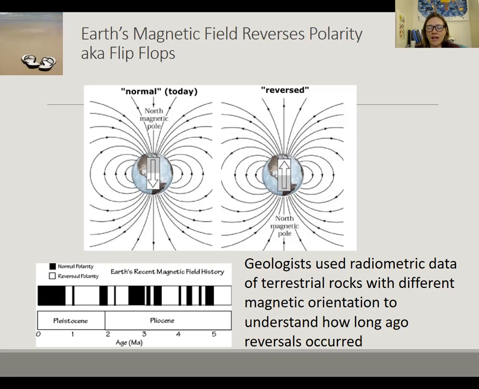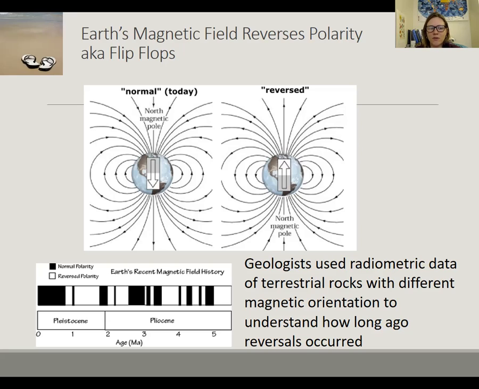In fact, the Earth's magnetic field has flip-flopped over time, or experienced these reversals in polarity, where what we think of as the North Pole today has been flipped. I'm not quite sure about this off the top of my head, but I'm pretty sure that today the South Pole is sort of like the positive side and the North Pole is more like the negative side of a magnet. But the point is that it has not always been consistent.